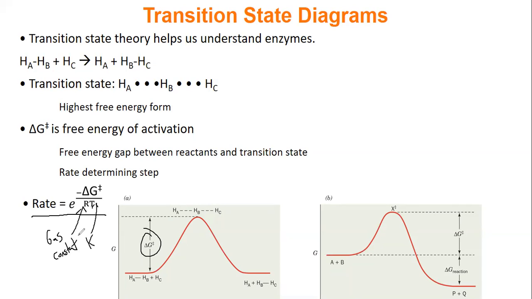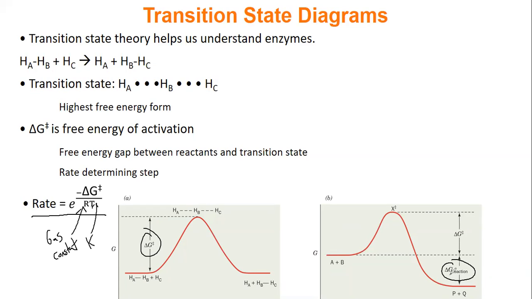And looking at this graph on the right, enzymes will never change delta G reaction. Now, delta G reaction is the energy difference between reactants and products. So an enzyme will never touch this value. The only thing an enzyme does is it changes delta G double dagger.